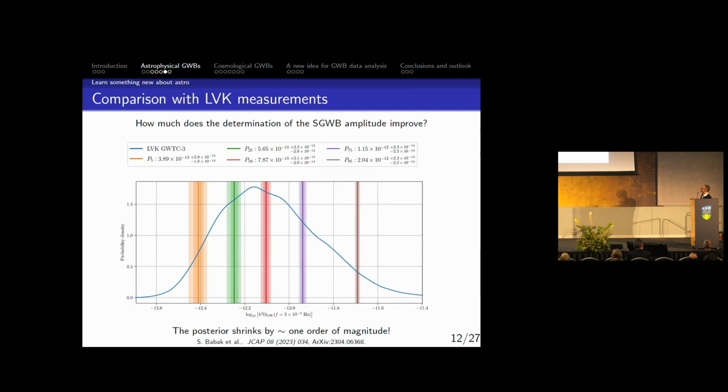I can take different injections, because we don't know in reality what the real signal is. So let's assume the real signal is the 5 percentile, 25, 50, and so on. These colorful bands tell you how well LISA will constrain that signal. So you can see that with LISA, we can shrink the uncertainty by up to 1 order of magnitude. So pretty significant. This is quite nice.